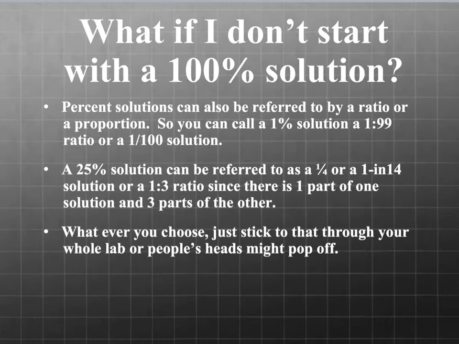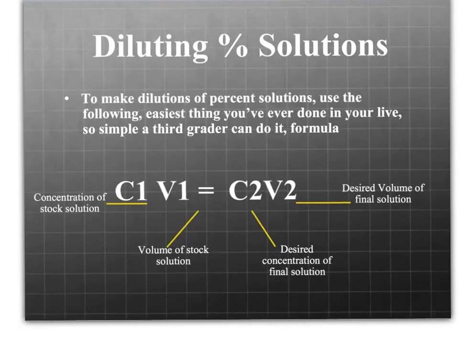Okay, so let's take a look at concentrations. So let's say you have a concentrated solution and you want to make it into a more dilute solution. So you start off with a 50% solution, or you might see it as a 50x solution. You might even see a 5 molar solution, and you want to make it less concentrated.